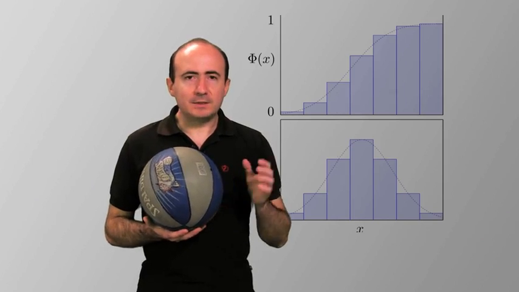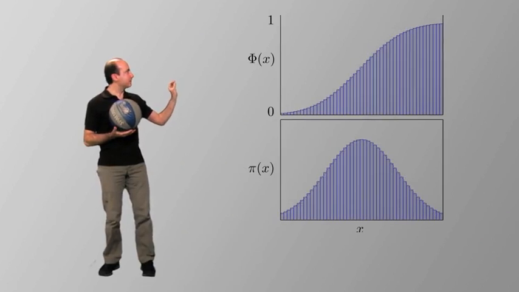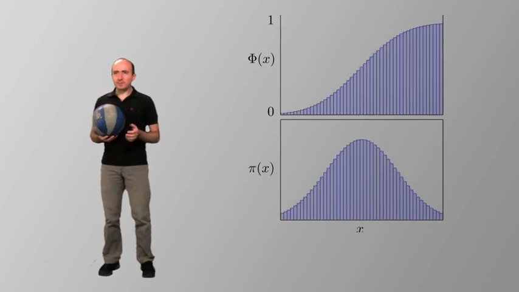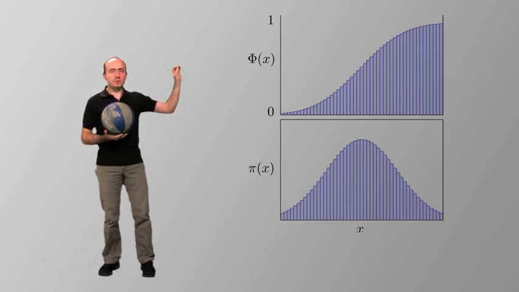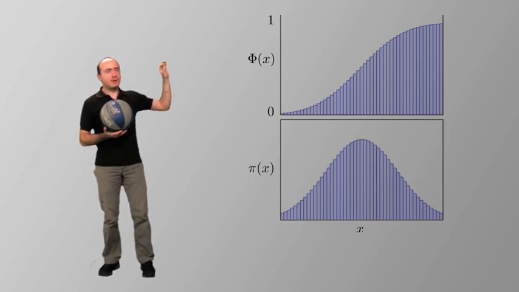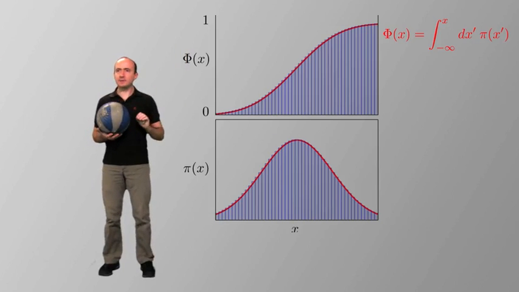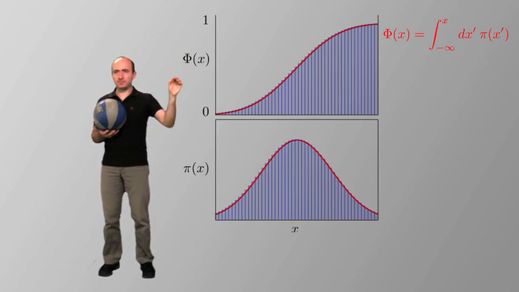Now let's make the discretization finer and finer. As you observe, there is an envelope which develops around the tower construction, and the value of the envelope at a given position x is in fact simply the integral of the distribution pi of x up to this point.